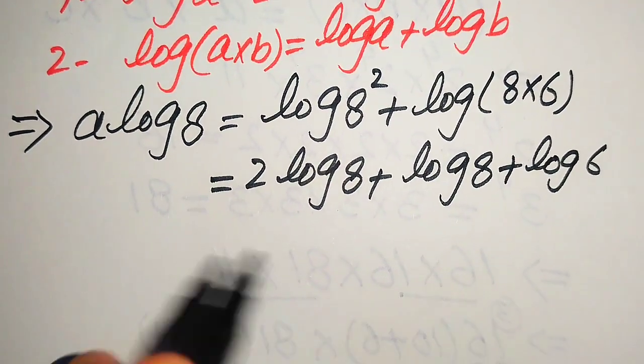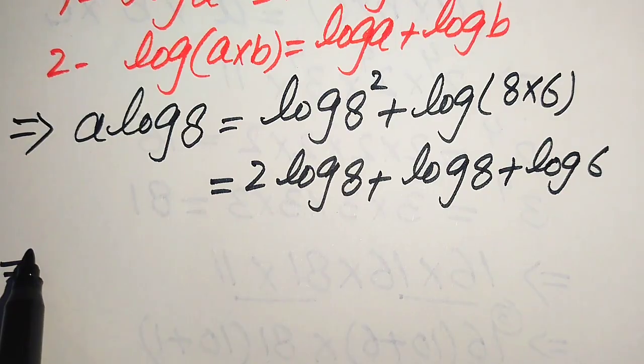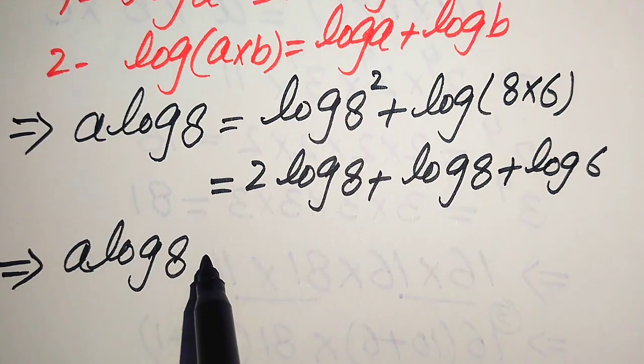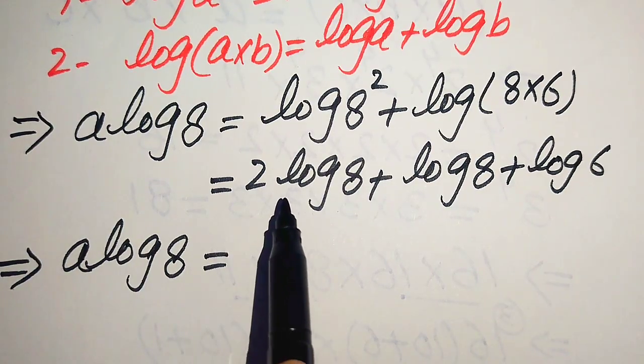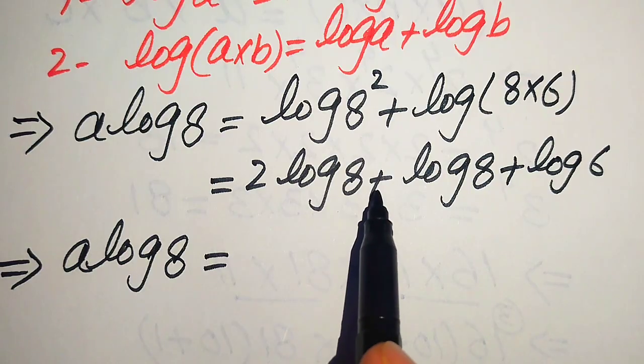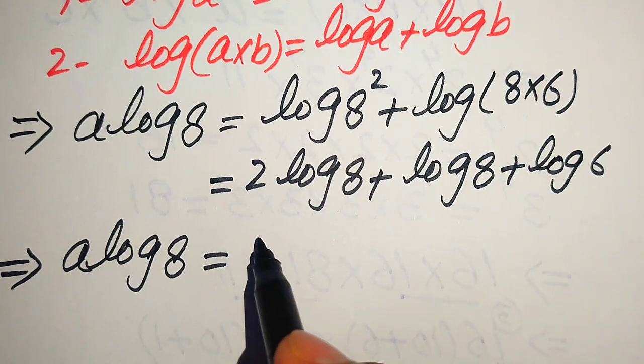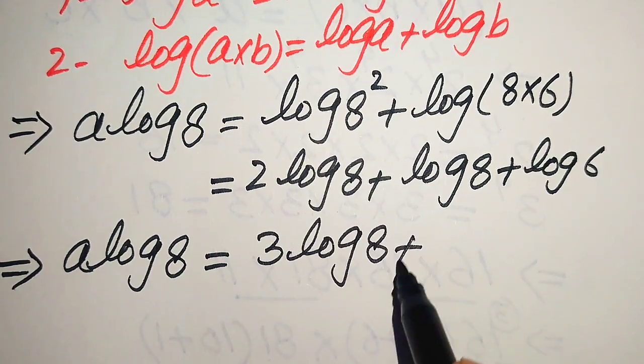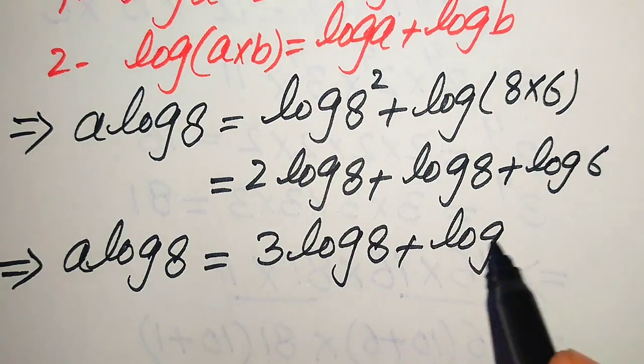Further in the next step we need to add the like terms. On the left hand side we have a times log 8 equals, here you have 2 times log 8 plus 1 times log 8, which equals 3 times log 8 plus log of 6.